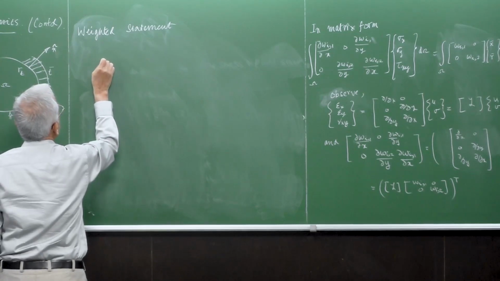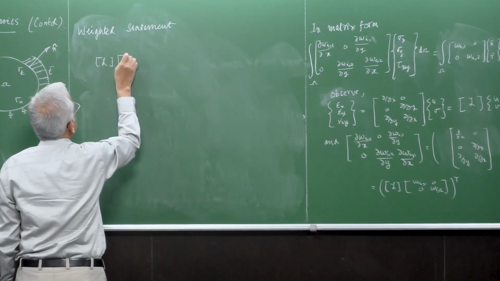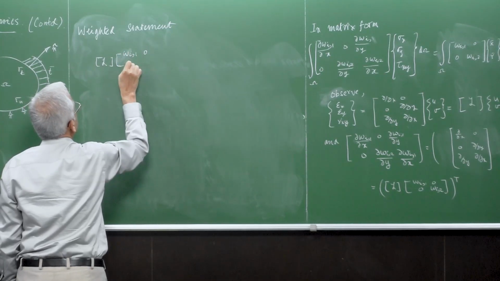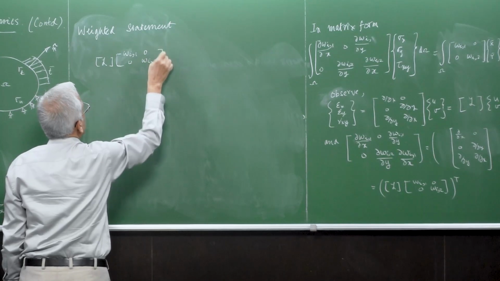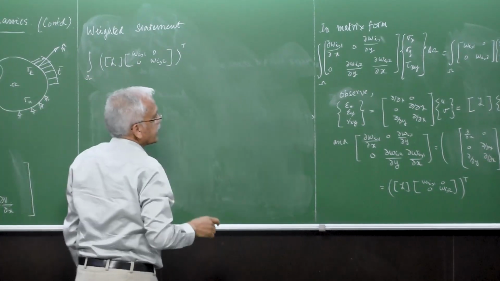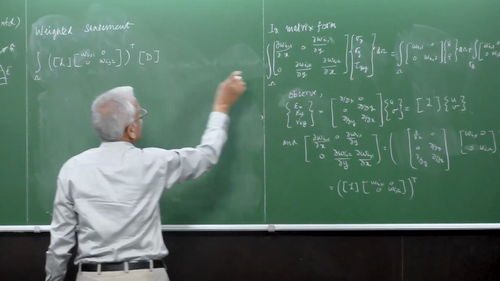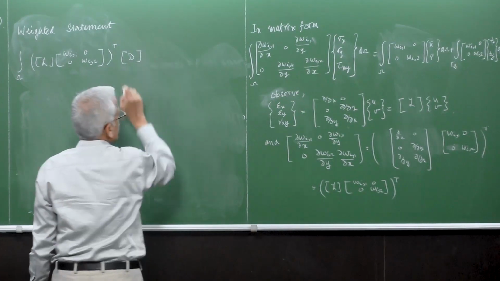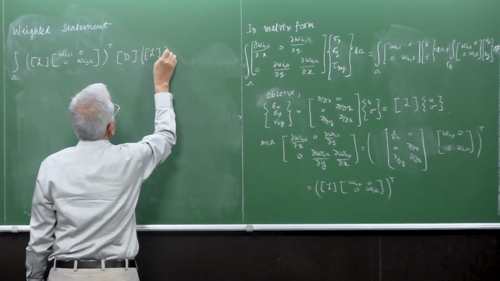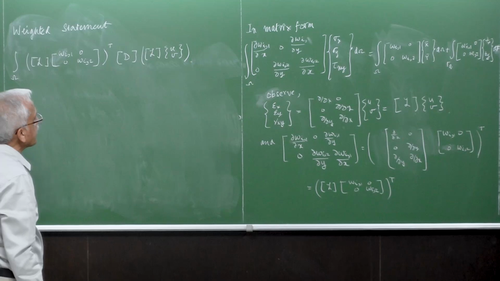So we will write it as L operating on the whole thing is a transpose, and then there's sigma x, sigma y, tau xy, which is nothing but D operating on epsilon x, epsilon y, which is nothing but L operating on u, v, right?